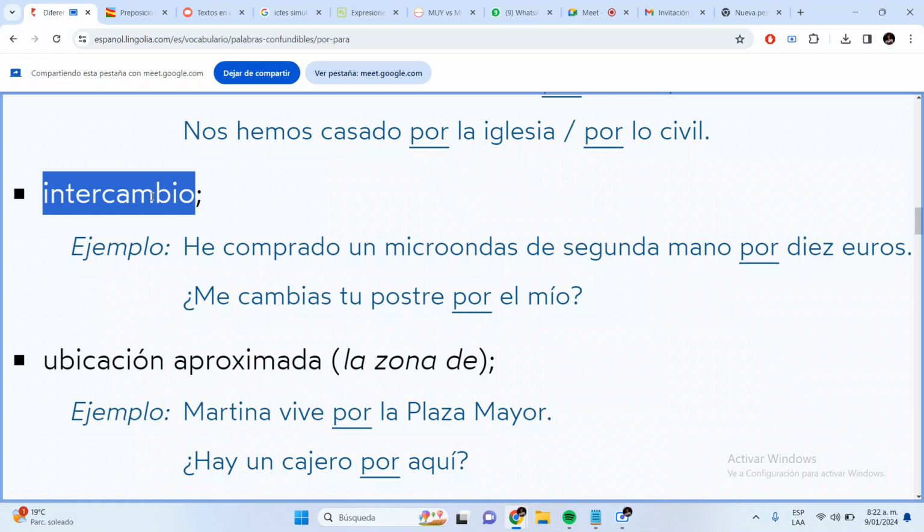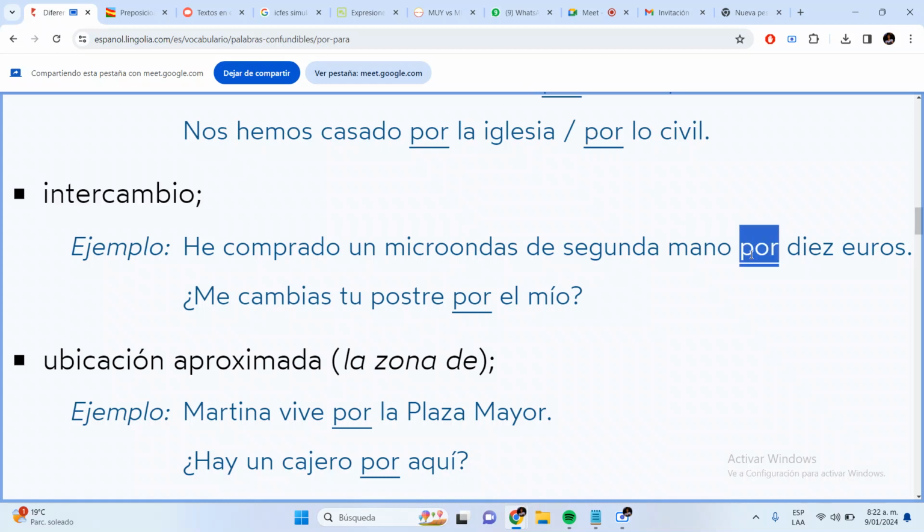So we also have intercambio, like exchange. For example, every time you talk about the price of something, you use por because you're exchanging money for another thing, right?